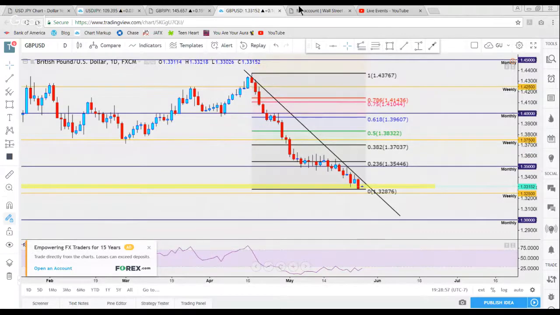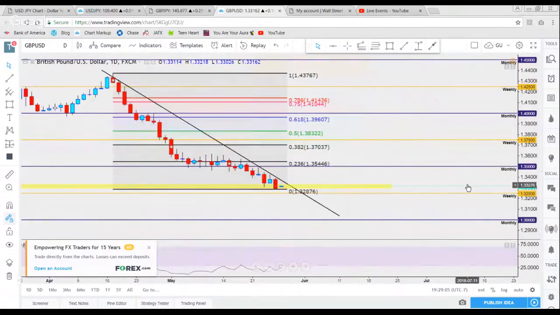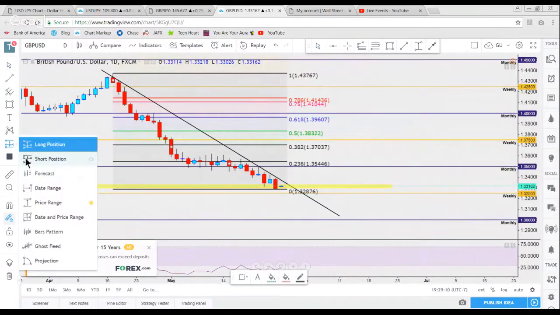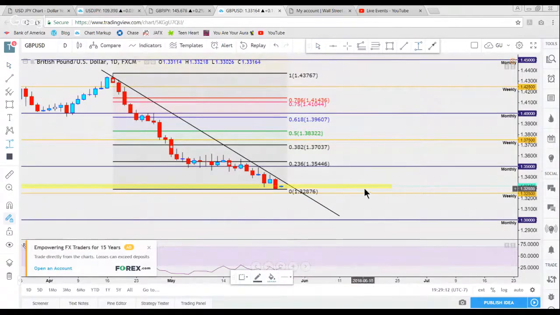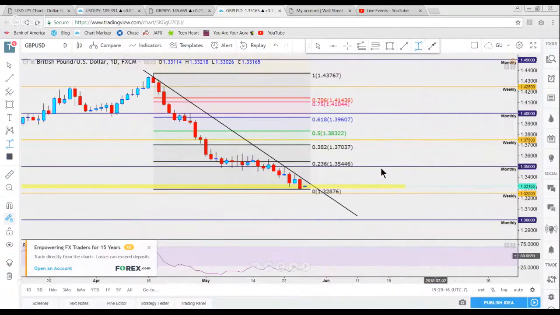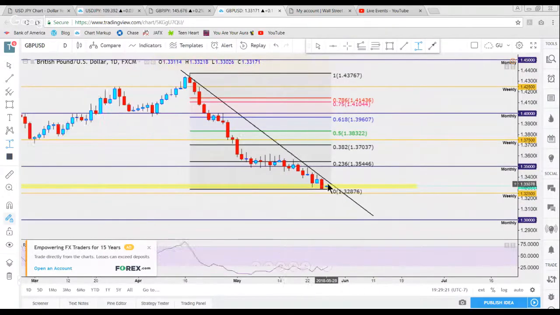So we're staying within a good pip range here, not too large. If we were to count it, about a 40 pip range box. So we have kind of found support in this area right now.